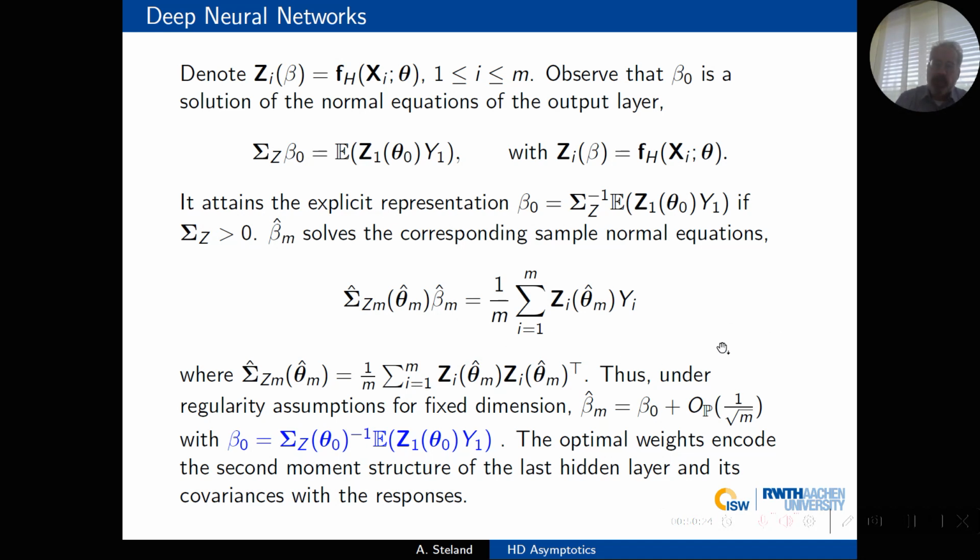And from using this fact, one can show under regularity assumptions, assuming that the dimension of the neural network is held fixed, that we have a convergence rate of order 1 over square root of m. So we have the usual rate of convergence for the estimator.